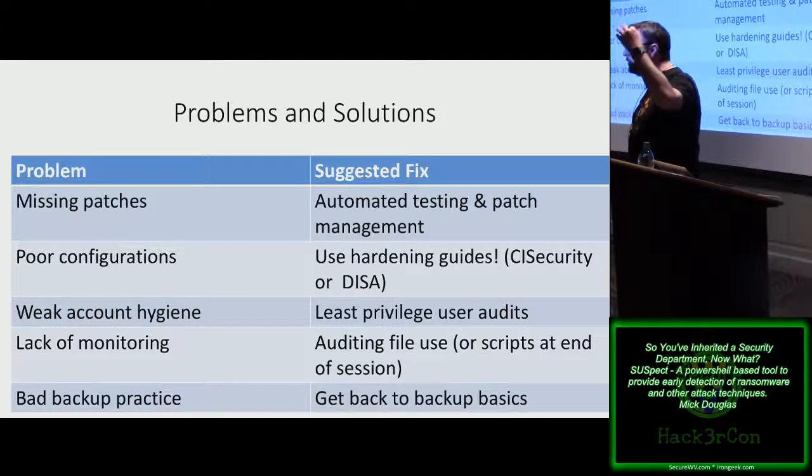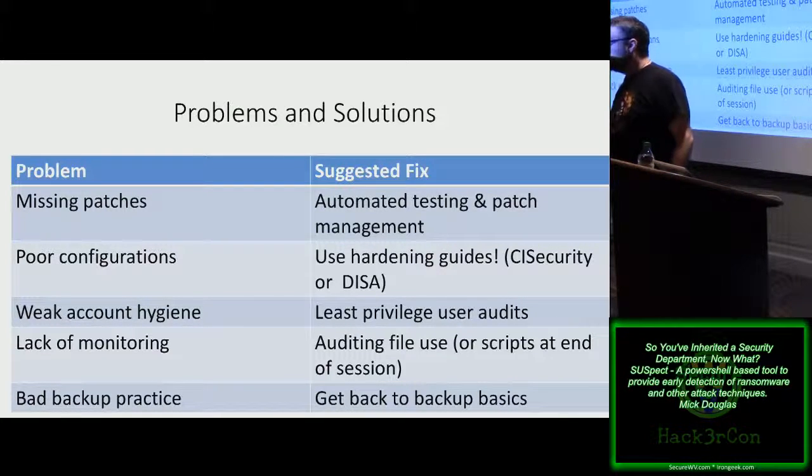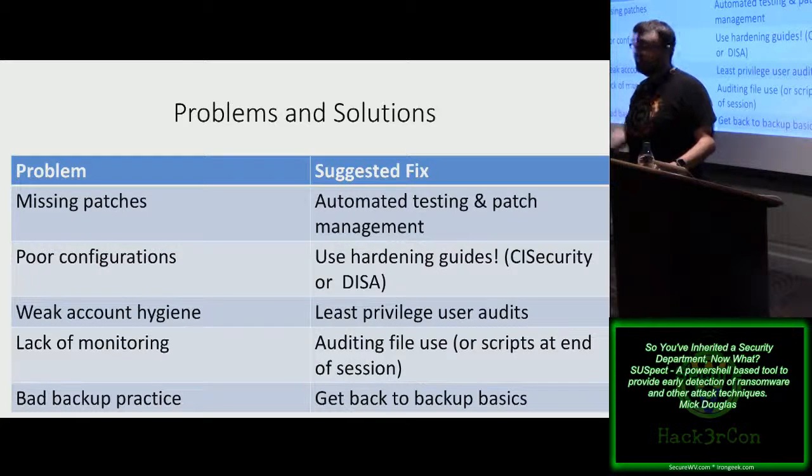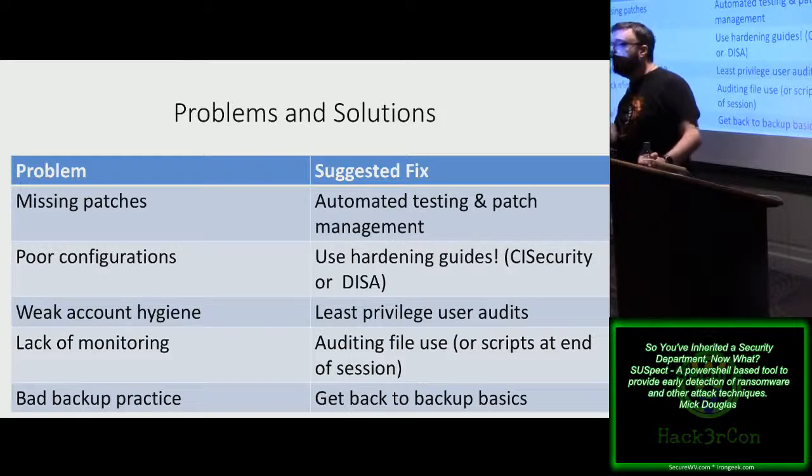All too often, though, people have forgotten. They don't do it. Do you guys know the 1, 2, 3 rule for backups? You need at least 3 backups, 2 different media, ideally, and 1 off-site. That 1 off-site is one that I cannot overstate.